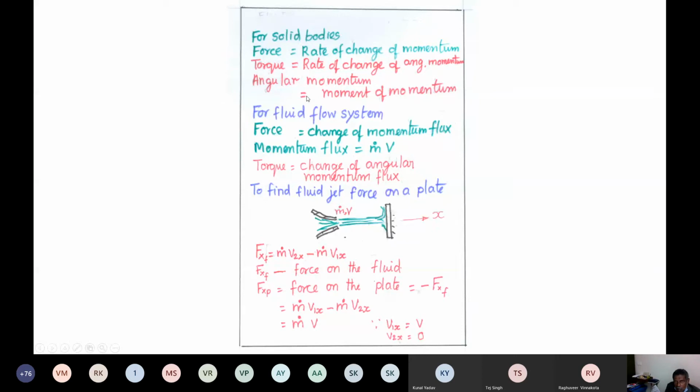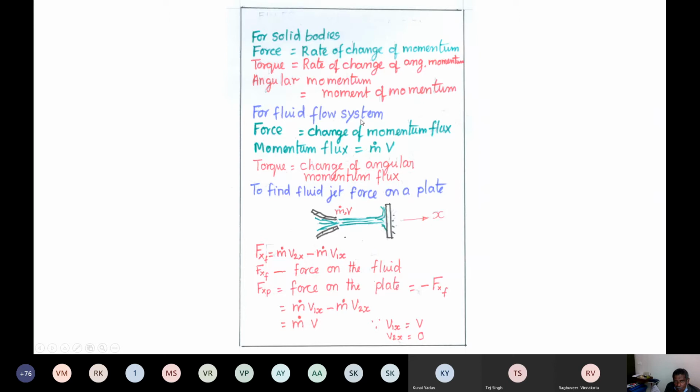Angular momentum is also equal to moment of momentum. These are some fundamentals which you have studied in 12th and maybe in engineering mechanics. So you may have to recollect this. So torque is equal to rate of change of angular momentum, and angular momentum is moment of momentum.